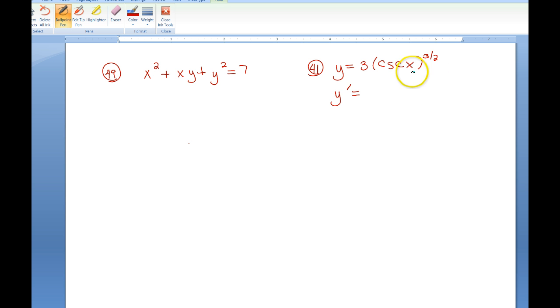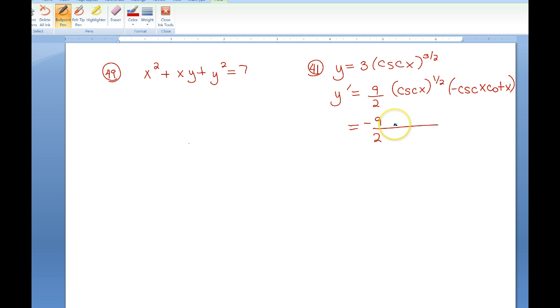Find du/dx. Okay, so 3 gets multiplied by 3 halves, so that's going to be 9 halves, right? Cosecant x to the 1 half. And then what's the derivative of cosecant? Negative cosecant times cotangent. Negative 9/2, so there's a negative 9 over 2.